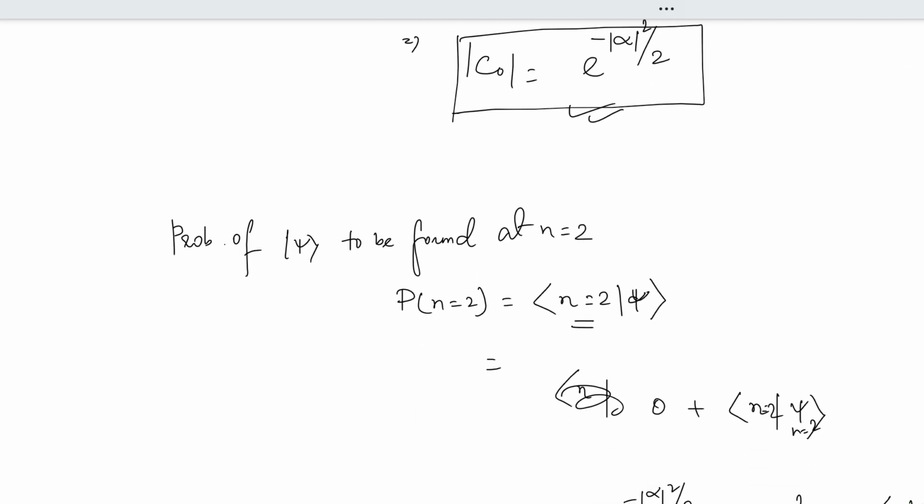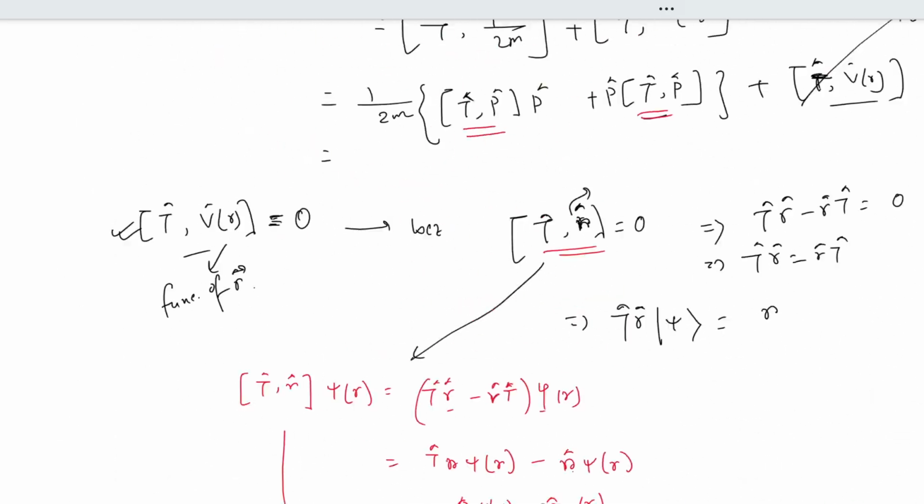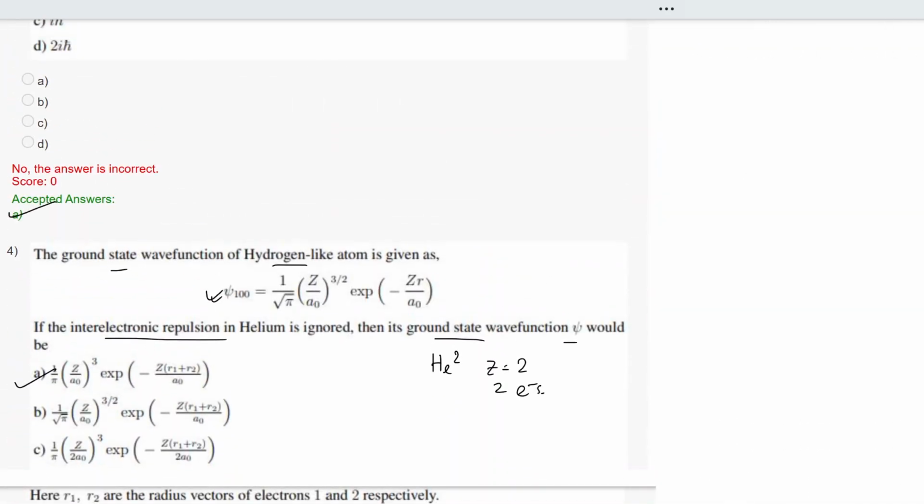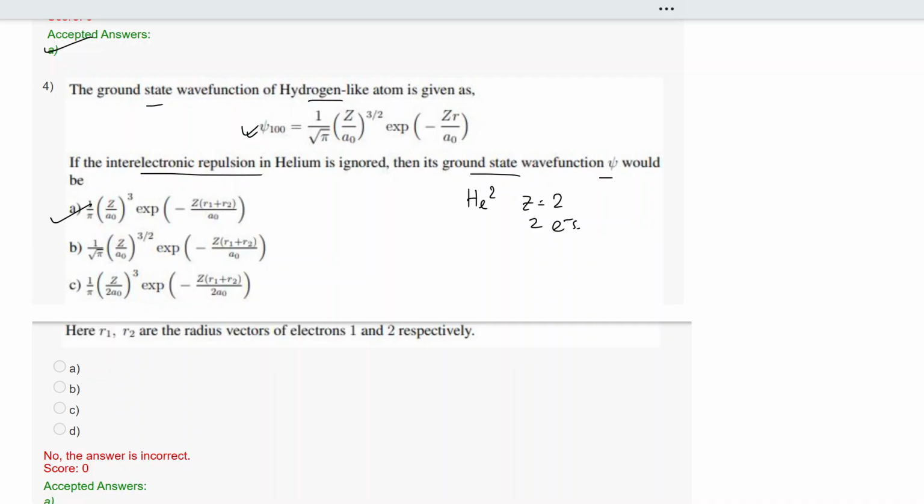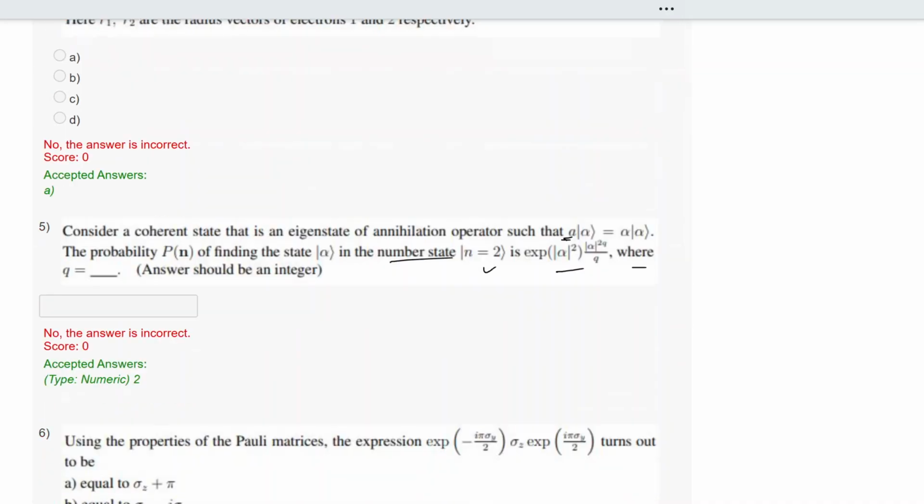So this is α squared by root over 2 times e to the power of minus mod α squared by 2, into 1. Now if you compare this with your given expression in the question, if you go back, that was e to the power minus α whole mod square, α to the power 2q by q.